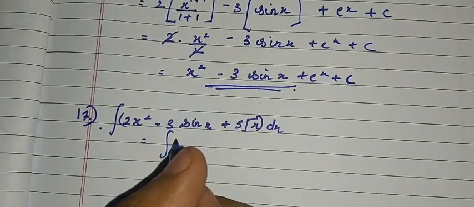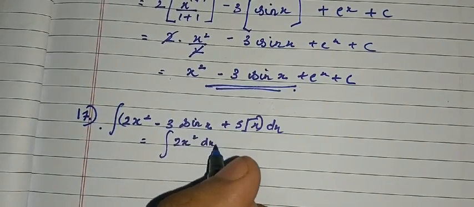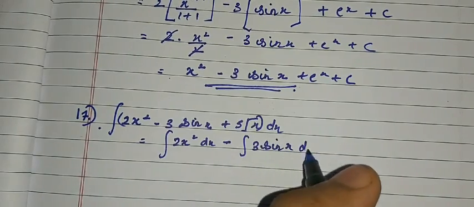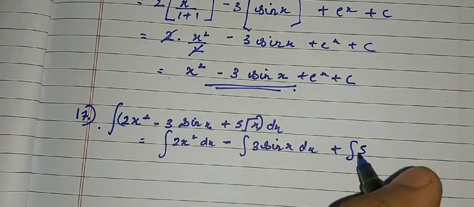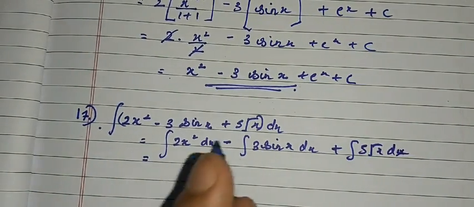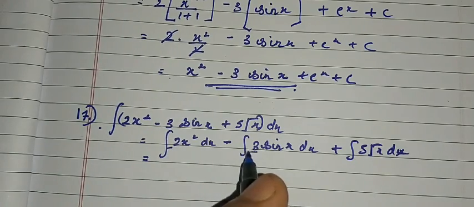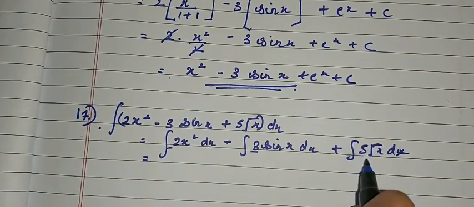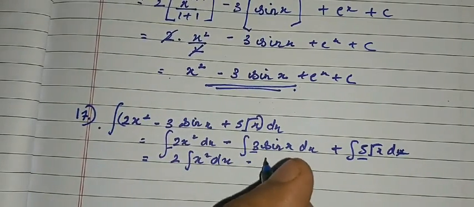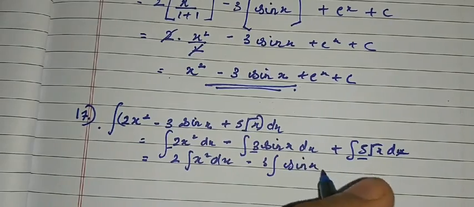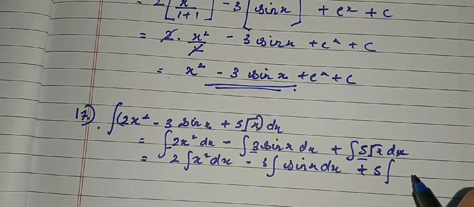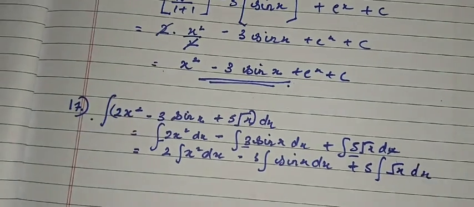So we can write it as integral of 2x square dx minus integral of 3 sin x dx plus integral of 5 root x dx, taking the constants outside, 2, 3 and 5 here. So 2 into integral of x square dx minus 3 into integral of sin x dx plus 5 integral of root x dx.